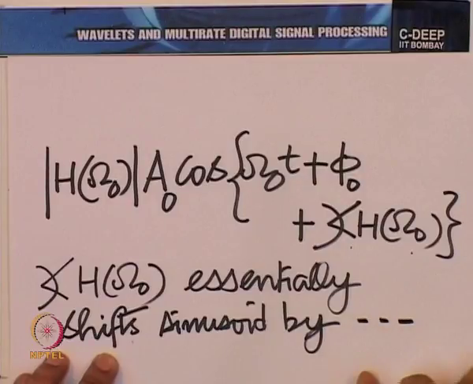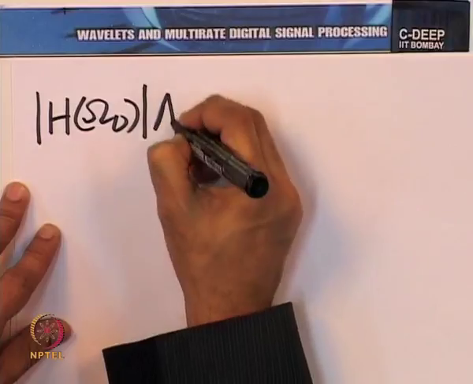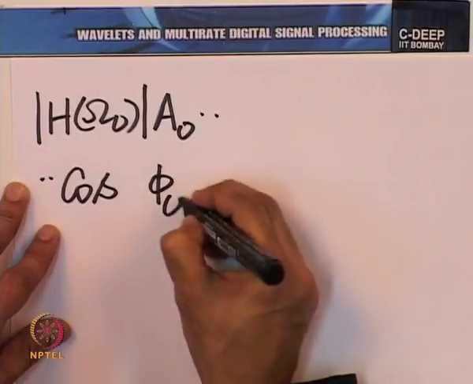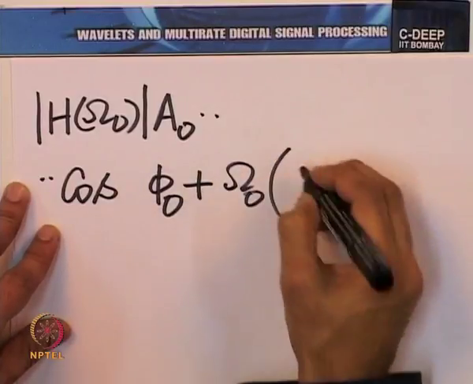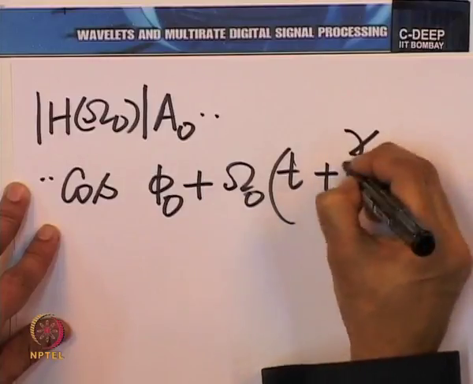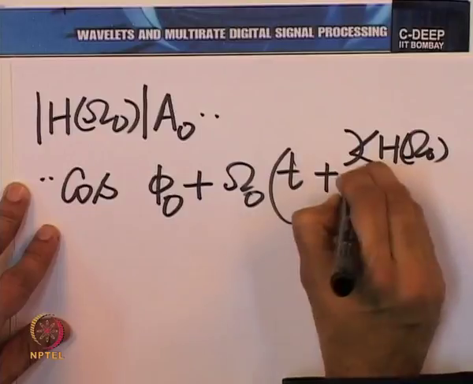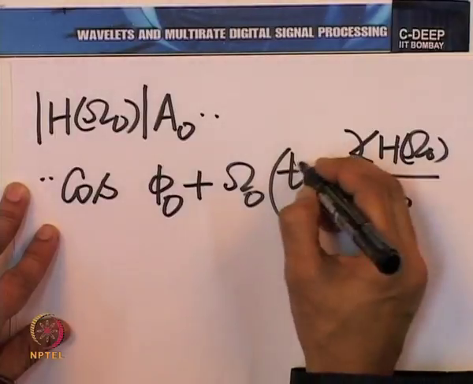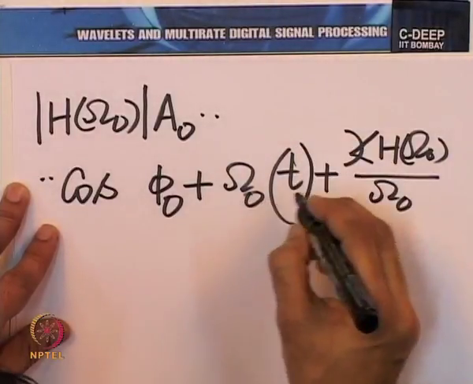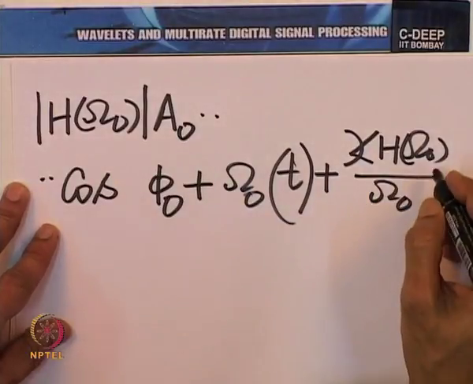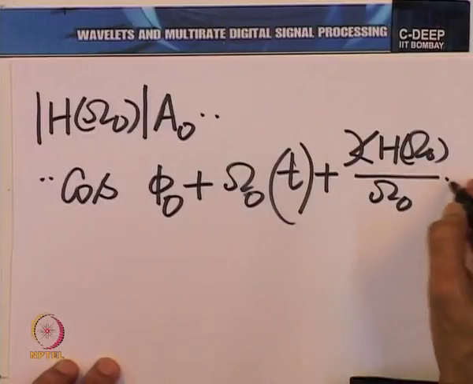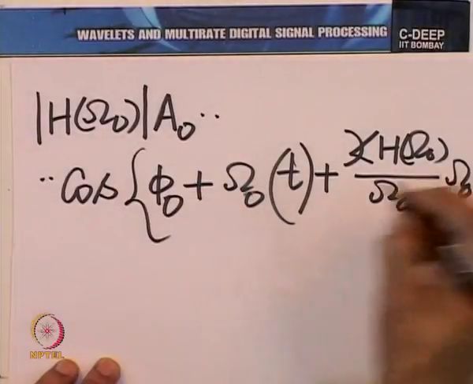We will rewrite that expression as mod h omega naught times a naught cos, we will keep phi naught as it is, we will take omega naught common, and then we will write omega naught times t plus the angle of h omega naught divided by omega naught. I will write it this way.